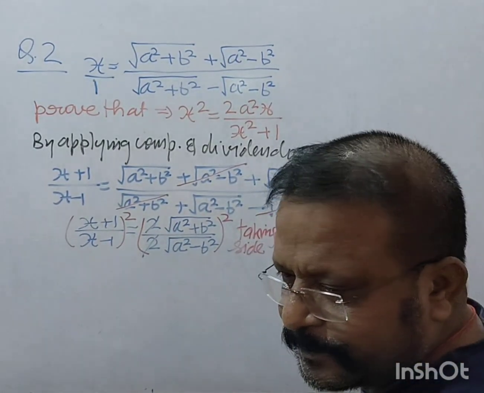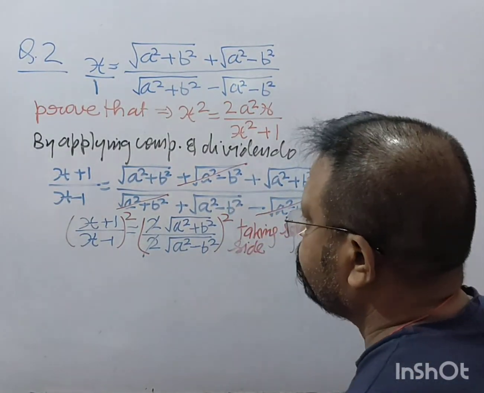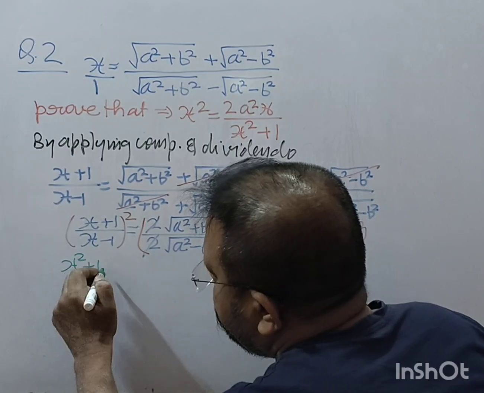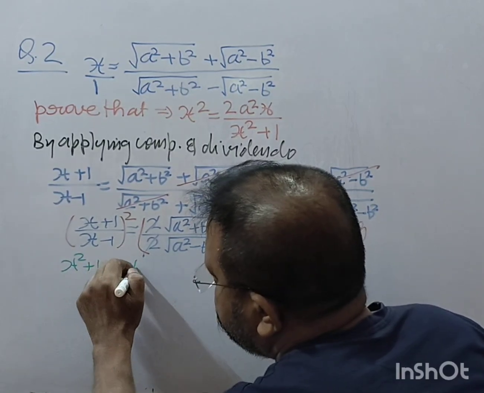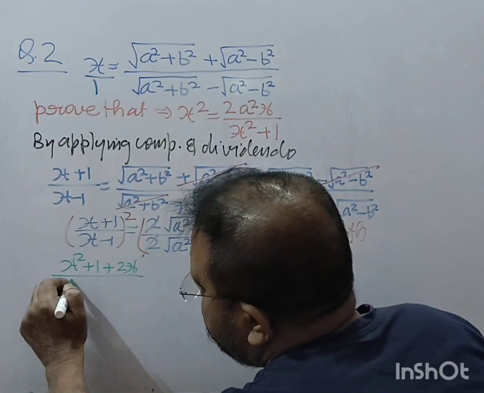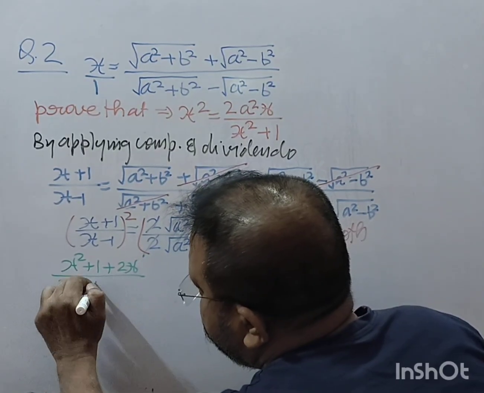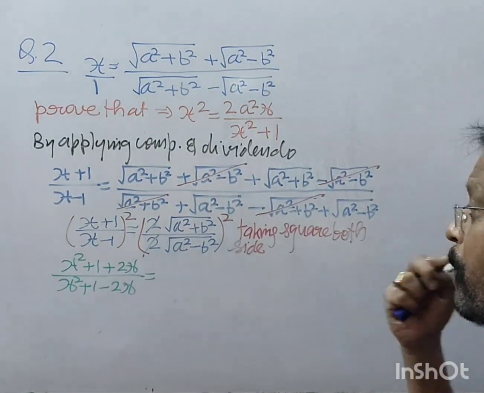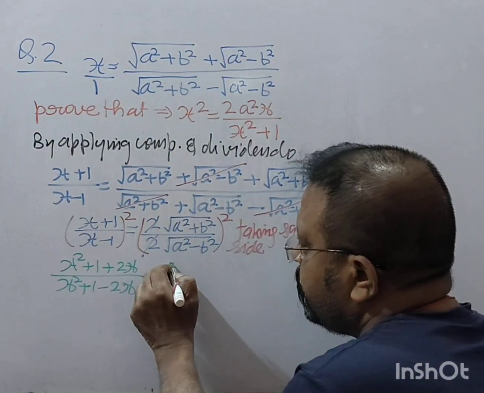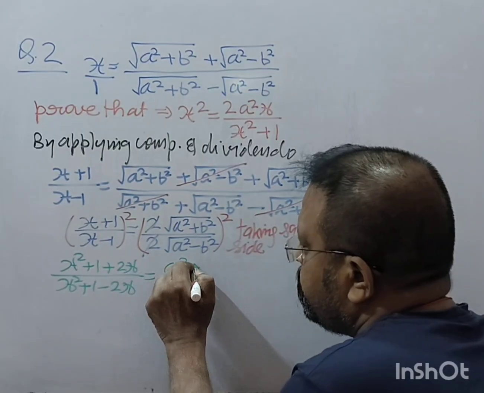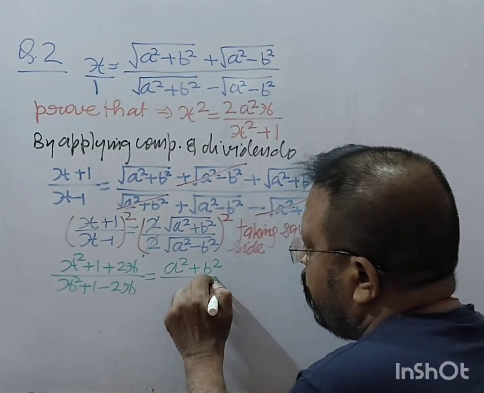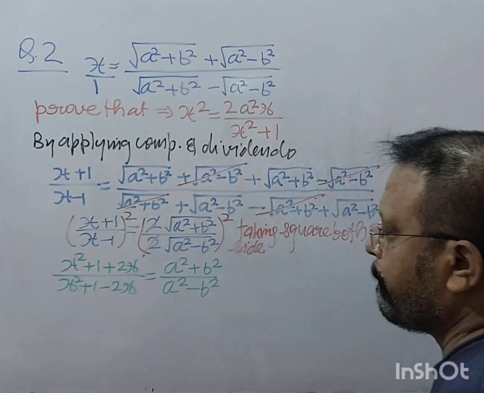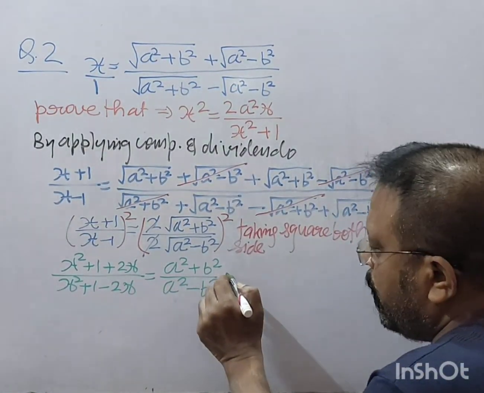It becomes x square plus 1 plus 2x upon x square plus 1 minus 2x is equal to a square plus b square upon a square minus b square. Right?